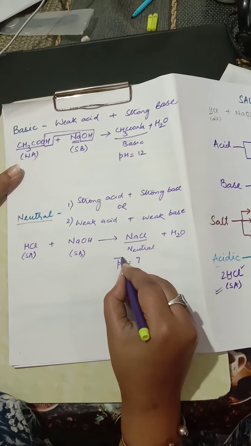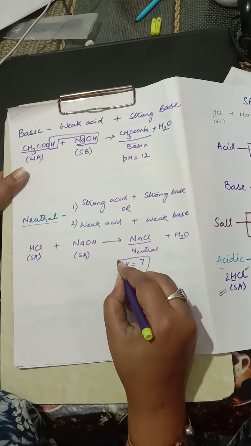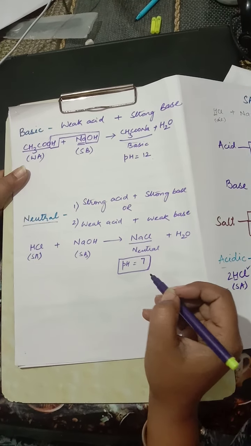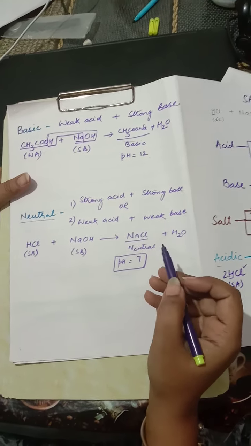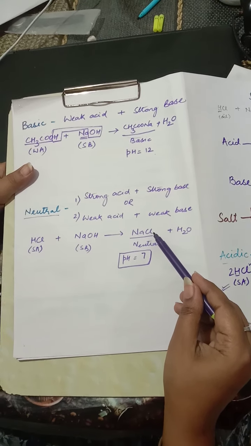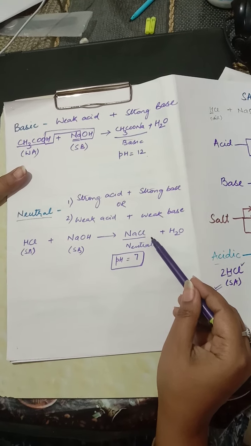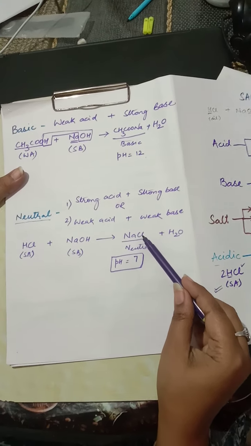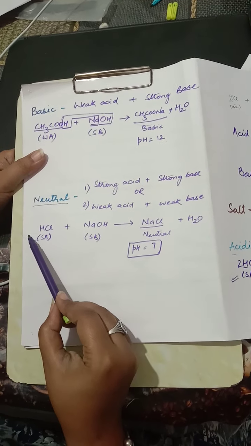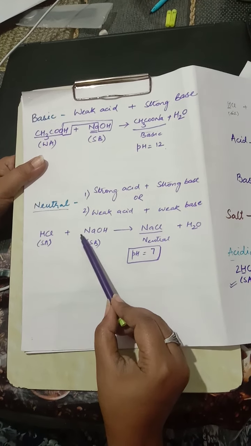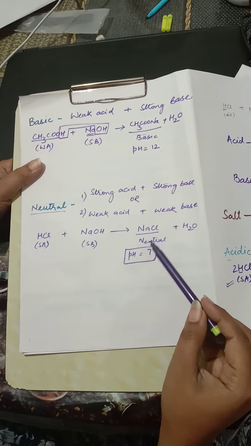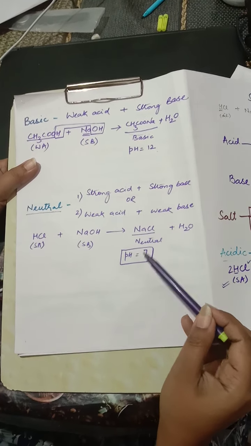Because all neutral solutions have a pH value exactly equal to 7. If the question is asked, why is the nature of sodium chloride aqueous solution neutral? The answer is because sodium chloride is a salt which is formed by the neutralization of strong acid and strong base. That is why its nature is neutral and its pH value is 7.